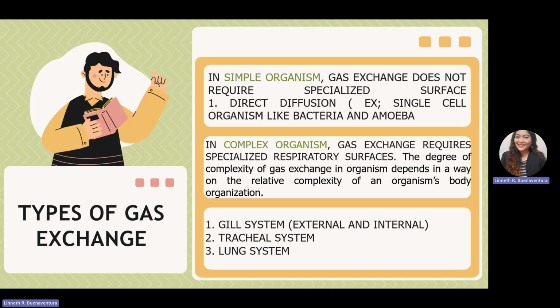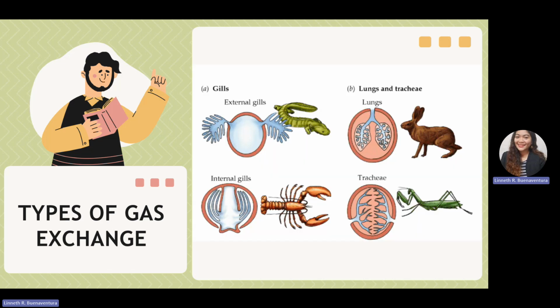The degree of complexity of gas exchange in organisms depends on the relative complexity of the organism's body organization. We have several types of gas exchange. Those are the gill system, internal and external, the tracheal system, and the very common lung system.